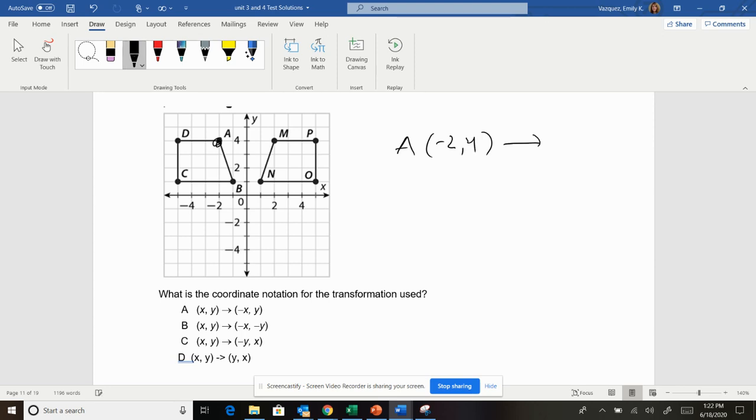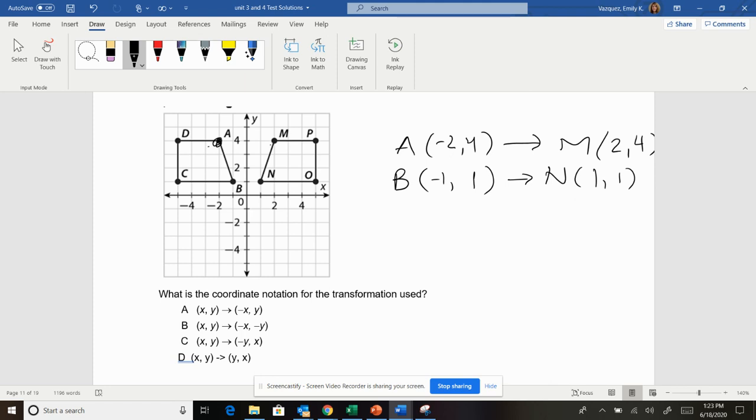I'm going to compare that to M, because it looks like these are just reflected, right? M is 2, 4. And I'm going to keep going. Now I'm going to refer to B. B happens to be -1, 1, and I'm going to compare that to N. N is 1, 1.